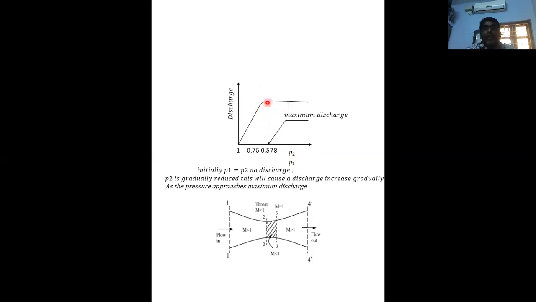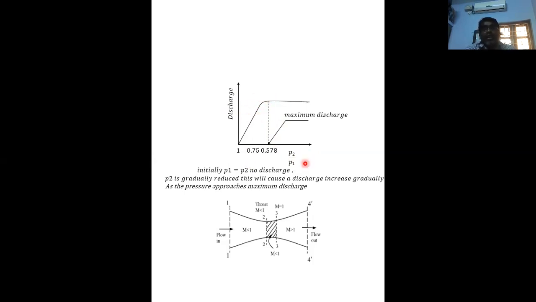For wet steam, superheated steam or saturated steam, the maximum discharge is at about 0.578. Only then can we design the nozzle, so the critical pressure is a very important parameter.